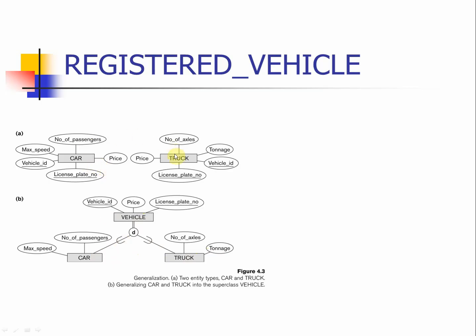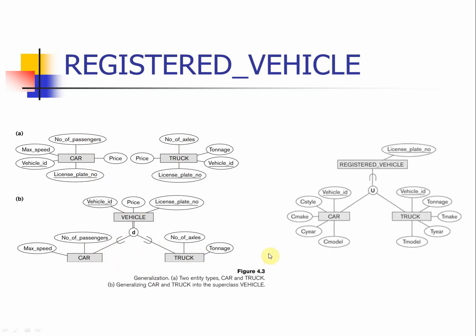And this is also a choice. So you can have a choice A, a choice B. Now we have a third choice by using the union concept. So you can see that we can create a registered vehicle, have an attribute describing this one, and this is a subset of the union of cars as well as trucks. So you can see that the car has these attributes.